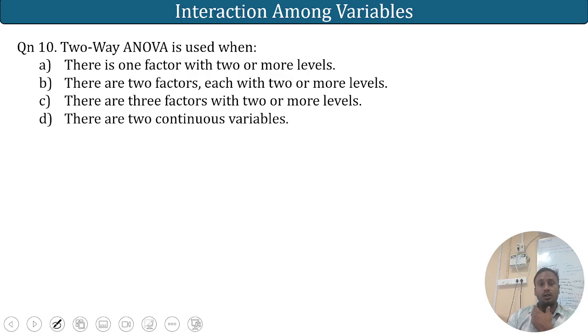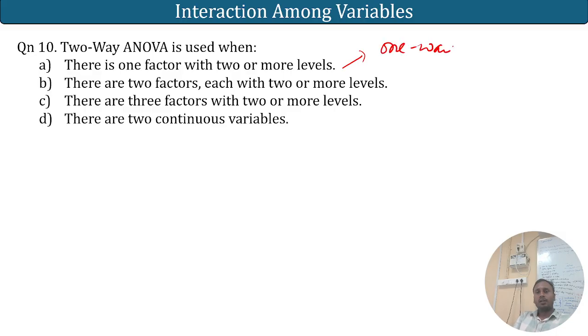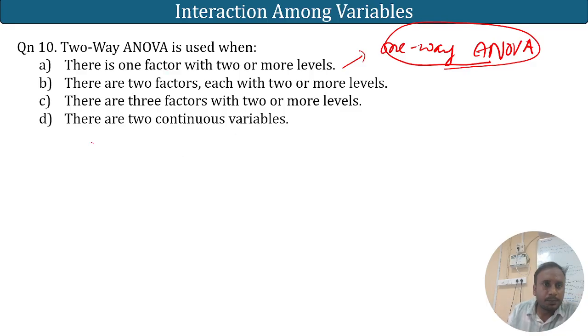Yes, sir. Clear. So when are we going to use two-way ANOVA? If there is one factor with two or more levels, it's a part of one-way ANOVA, is it? One factor means one-way ANOVA.